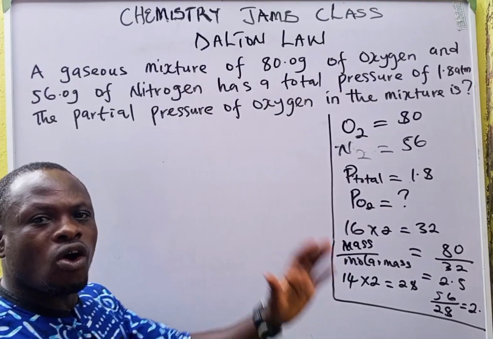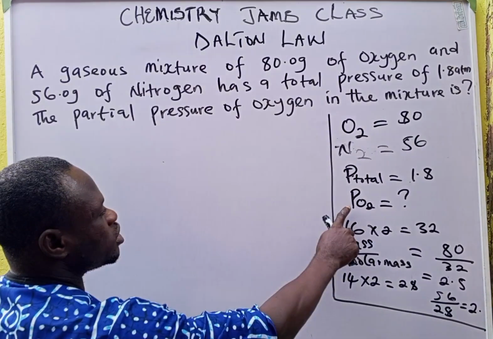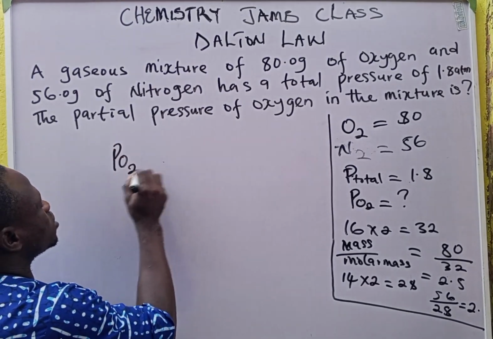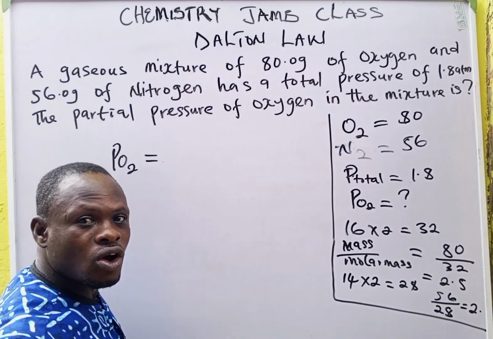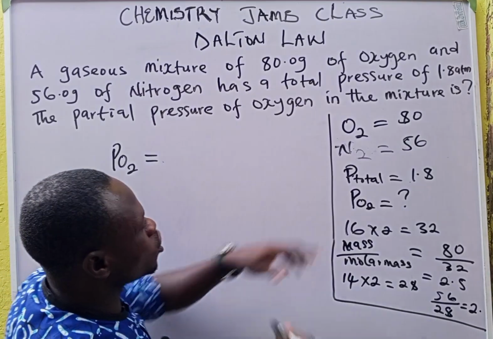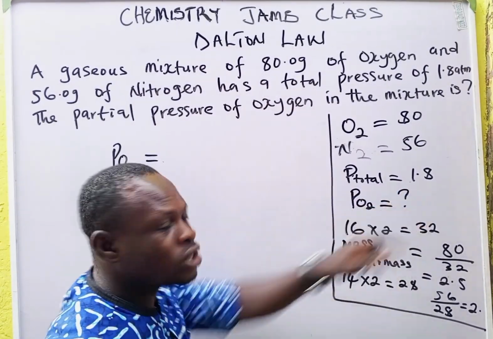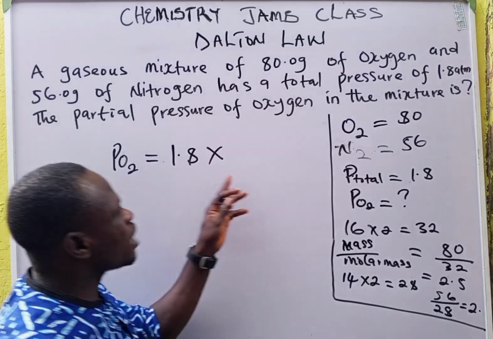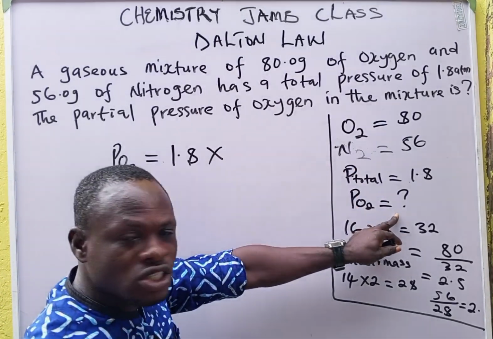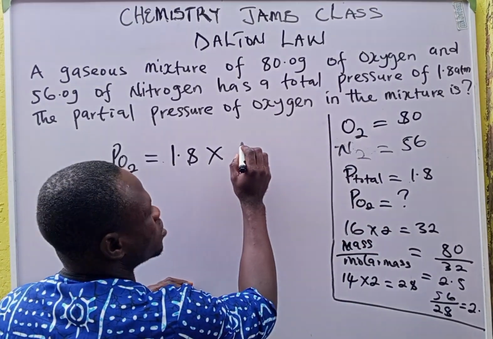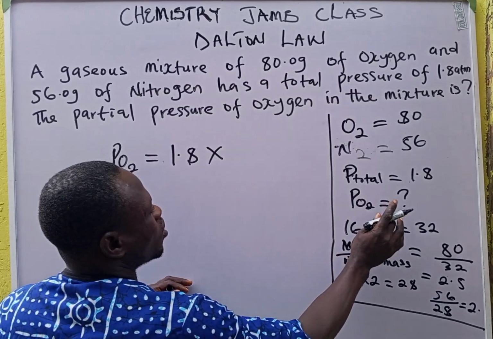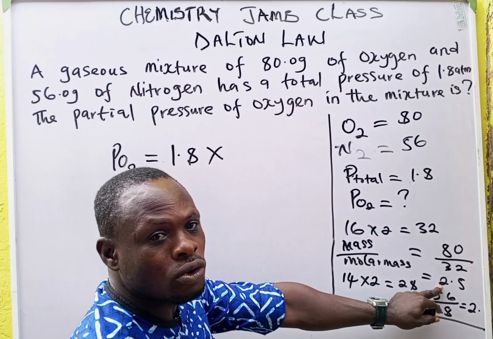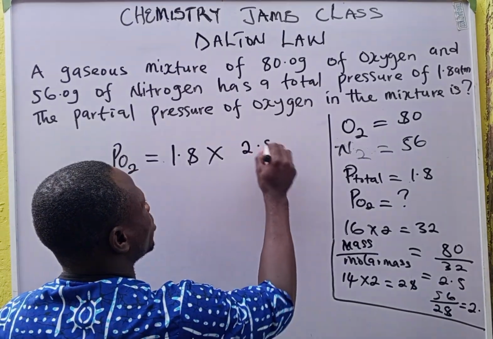Now the one of oxygen, which you are asked to calculate the partial pressure of. Partial pressure of oxygen will now be equal to the total pressure, which is 1.8. You say 1.8 times, what are you asked? Oxygen. The mole of oxygen is 2.5.